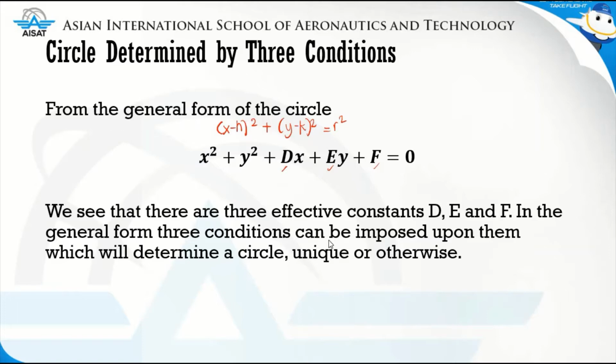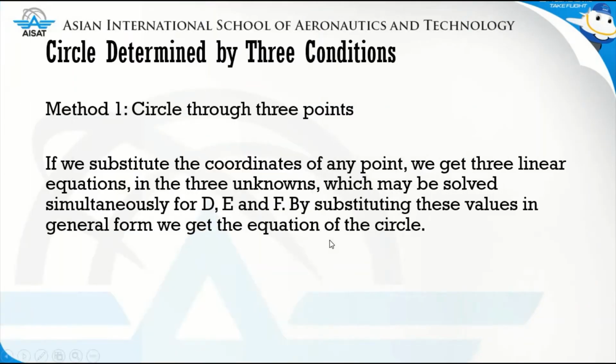Now, let's have the different methods of getting the equation of a circle given the 3 conditions. The first method is circle through 3 points.